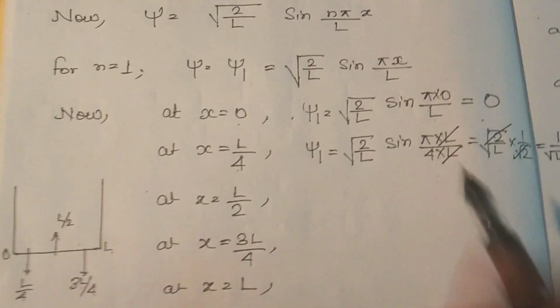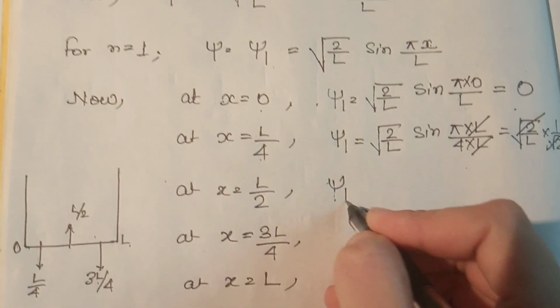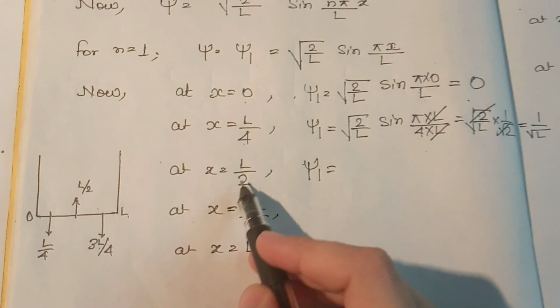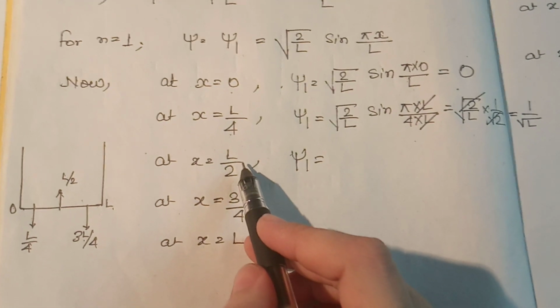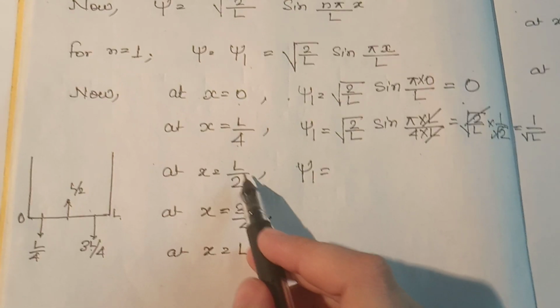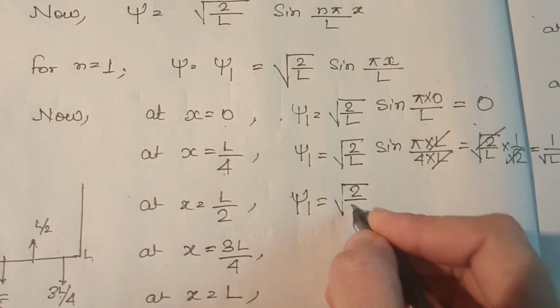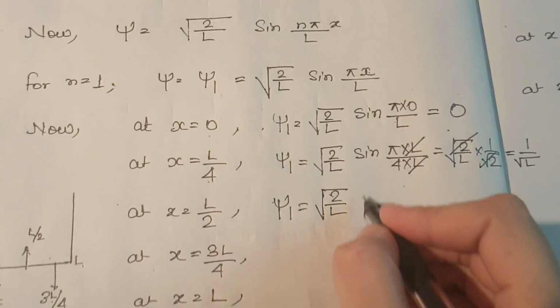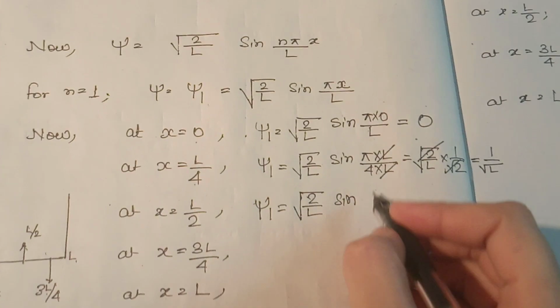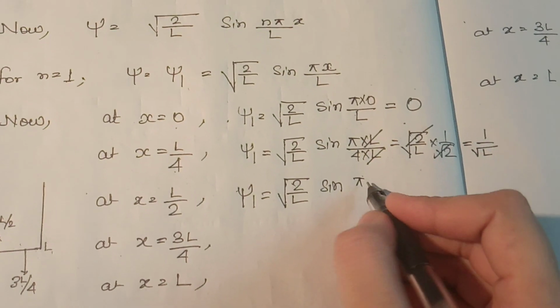Then again we will get the expression for psi 1 at L by 2 position, that is at half of the length of the box. So root 2 divided by L sine, in place of x we put L by 2.